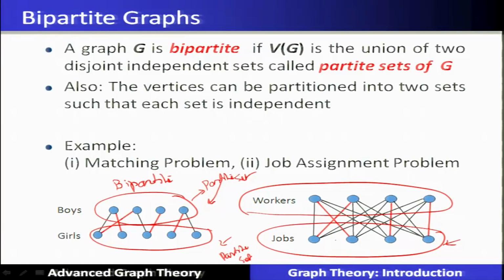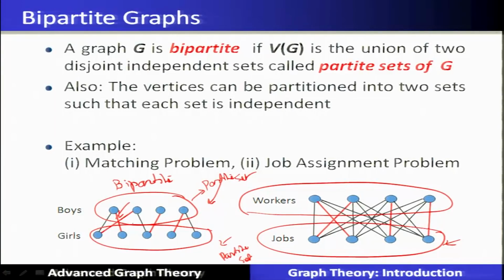In this particular example you can see that it is written as a matching problem. That means boys and girls, you want to find a match. A match means a set of edges where each edge includes one boy and a particular girl.